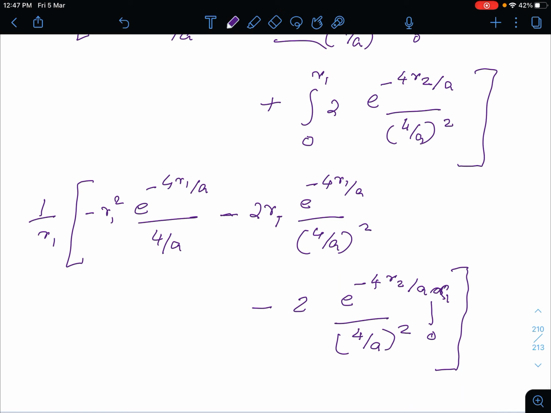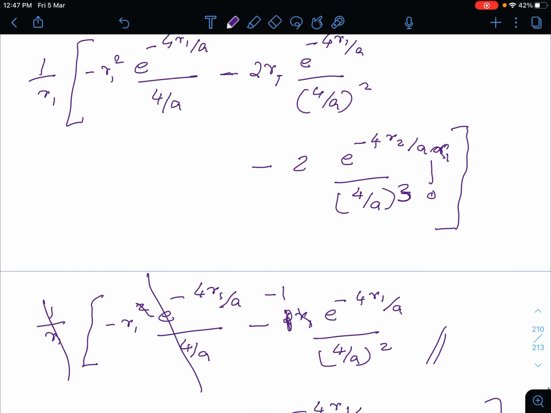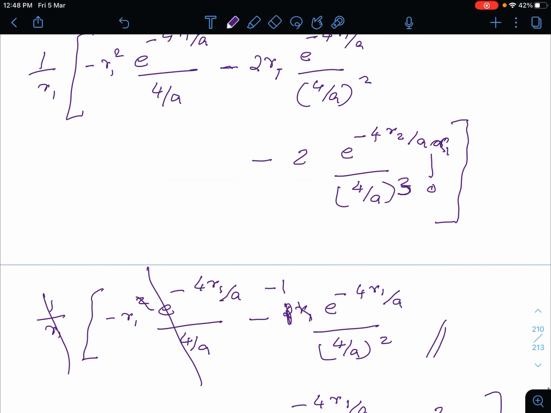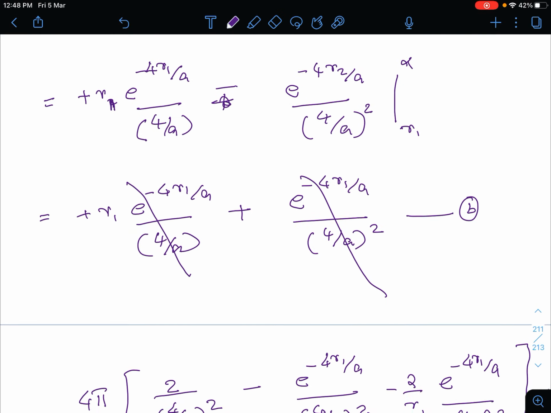So the last term is 2. Okay, so you have a cube here. That should be cube now, because when you integrate this again, there is already a square, so it should be cube. That's all. Sorry, I made a mistake.